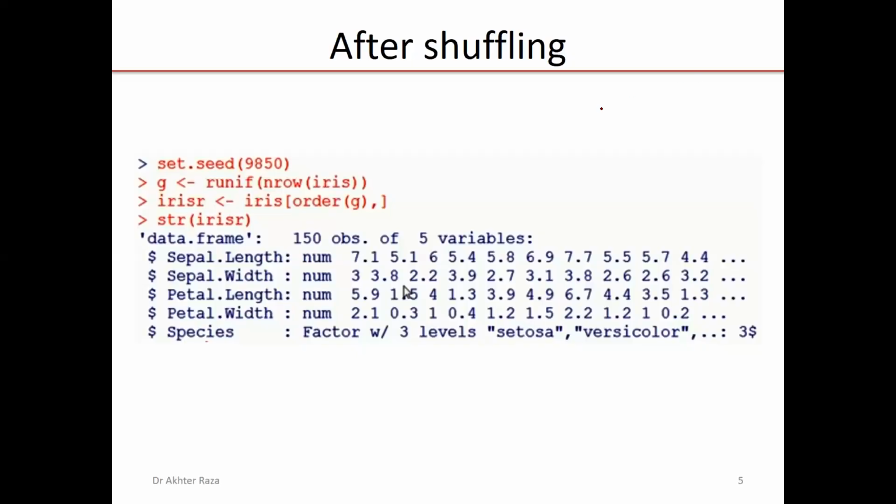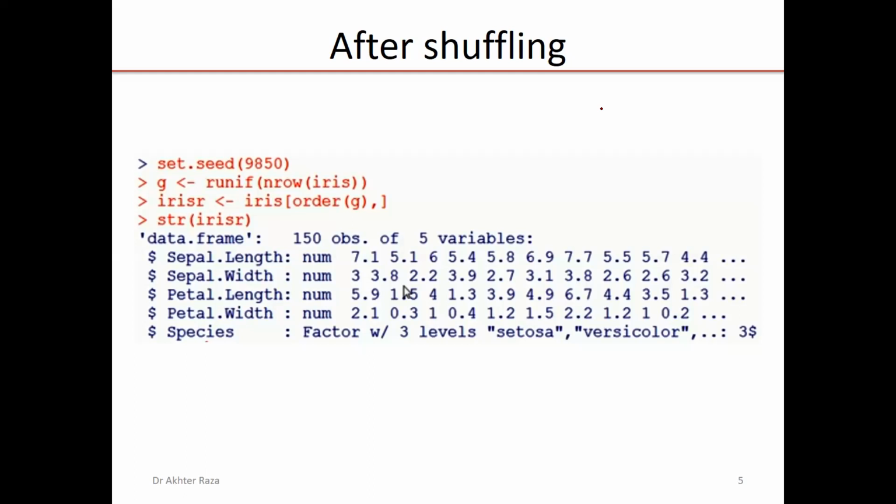Now you can observe the execution of these four commands. Number one is set.seed(9850). Second is g, the uniform random numbers, and then iris R. Then the structure of iris R is shown.